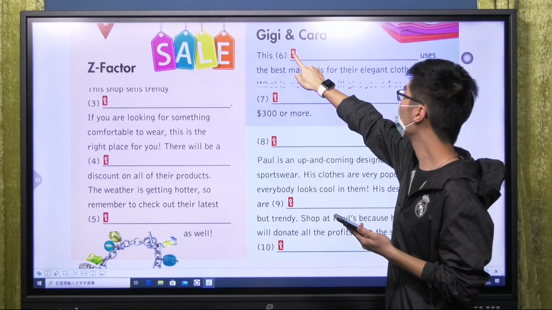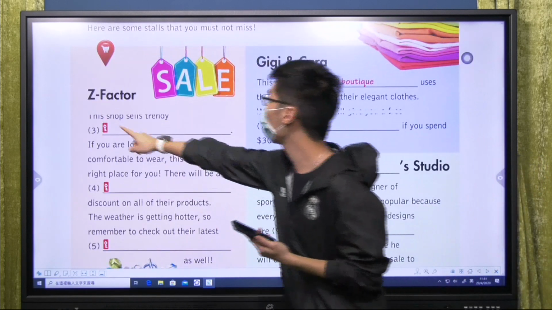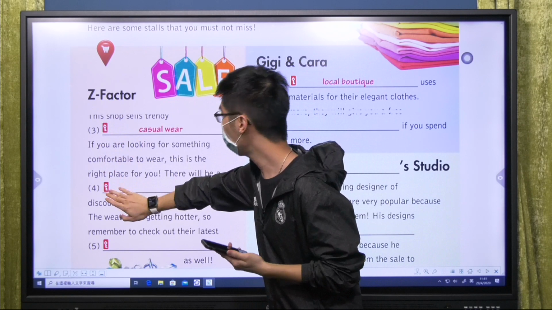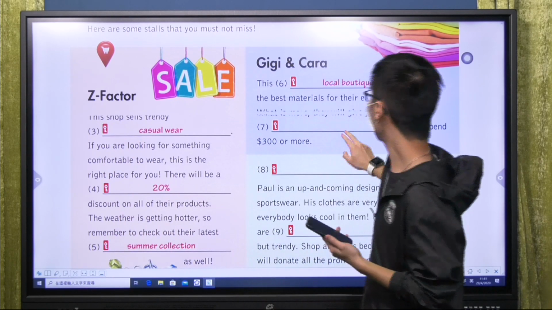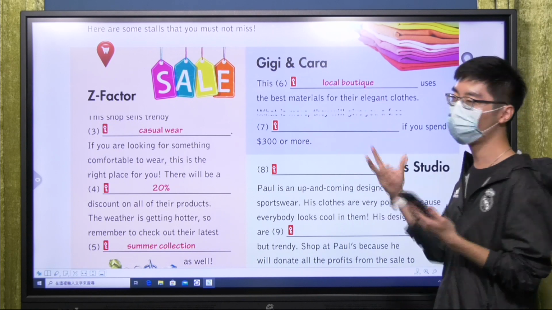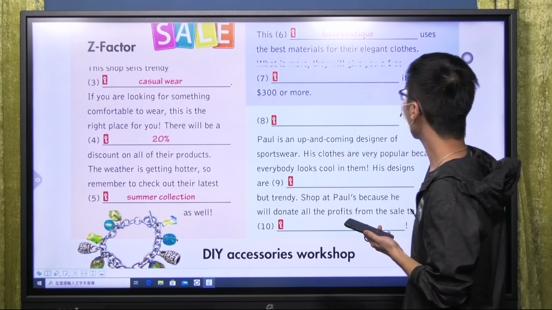It's mentioned that it is a shop that sells trendy casual clothes. Simply, it is a local boutique, a small local fashion shop that uses the best material for their clothes, okay?